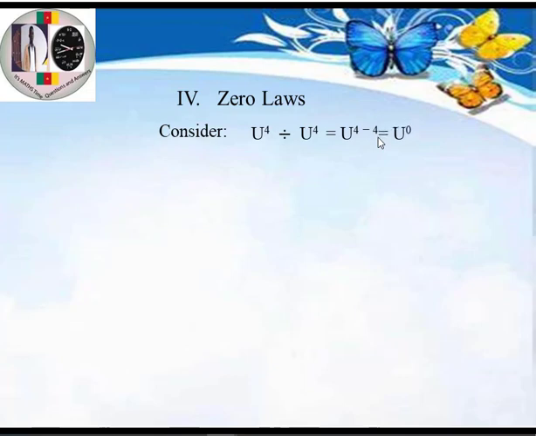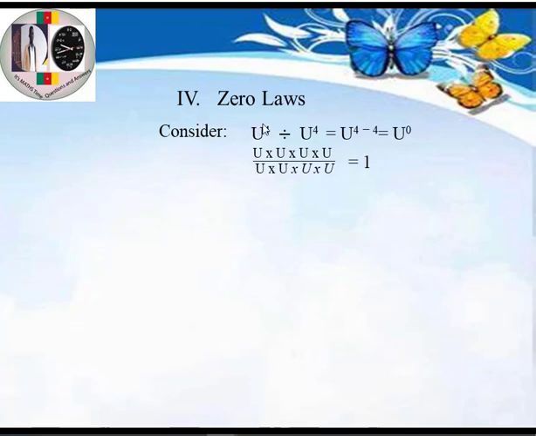Again, if we expand this u power 4 divided by u power 4, we are going to have u times u times u 4 times divided by u times u times u 4 times. In that case, this u can cancel this u, this u can cancel this u, and so on, and what is going to give us there is 1, right?